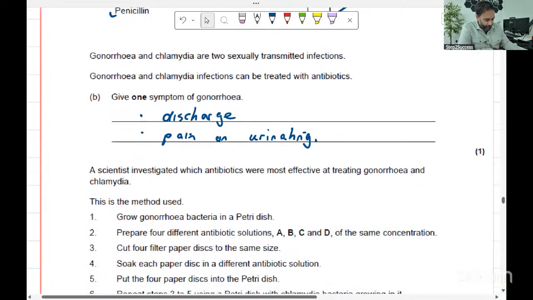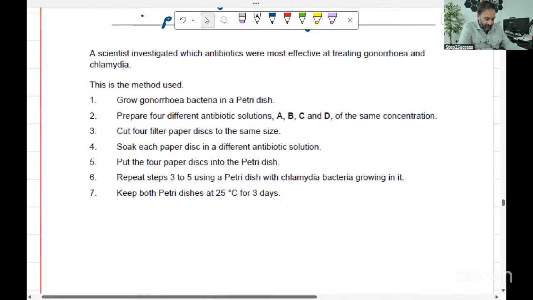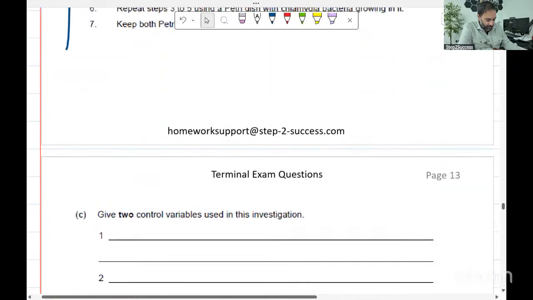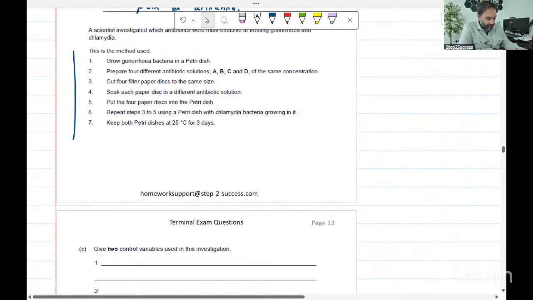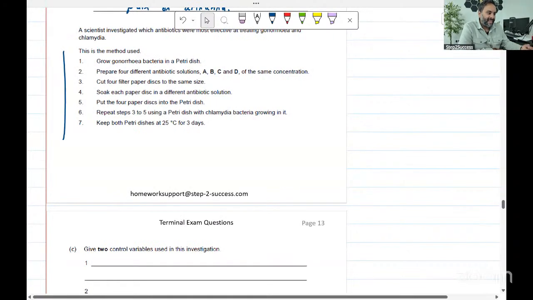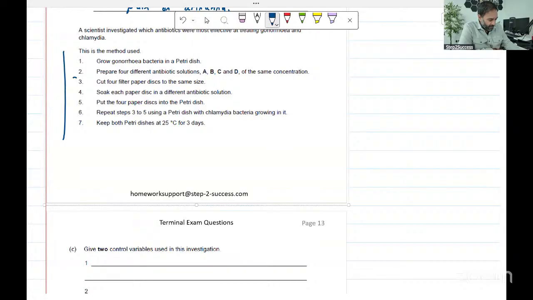Right. They investigated which antibiotics were most effective. I've seen this before, so I'll just continue. Two control variables. A control variable is anything you keep the same every time you do the experiment. So often there's a bit of a clue in the method. They say they placed them in four different antibiotic solutions of the same concentration.